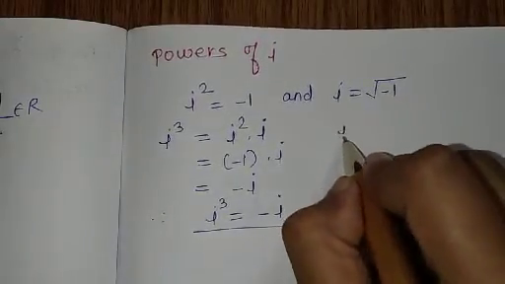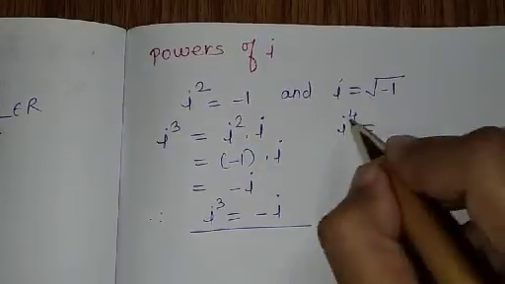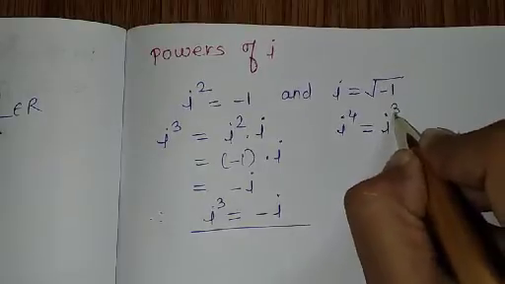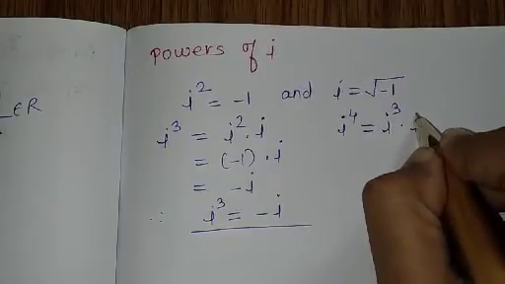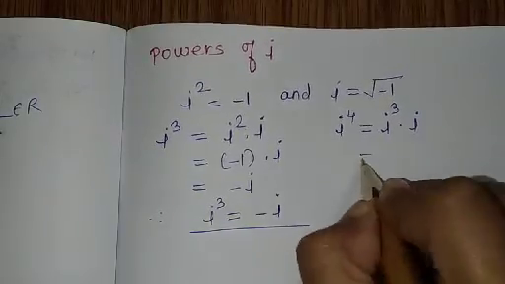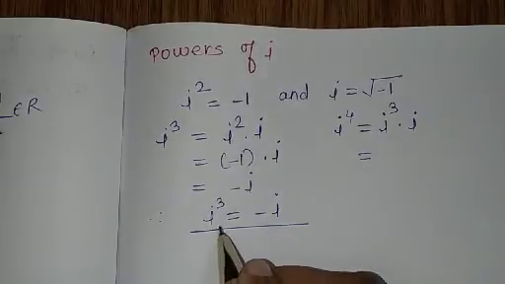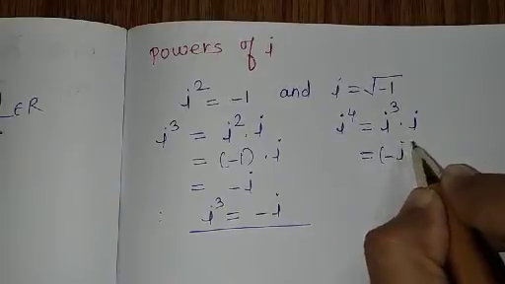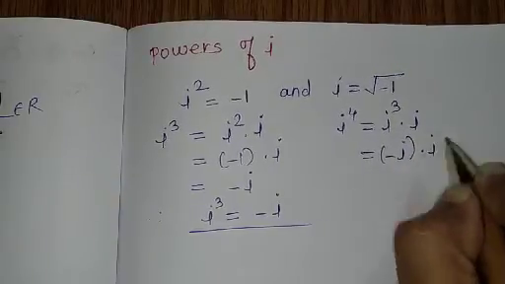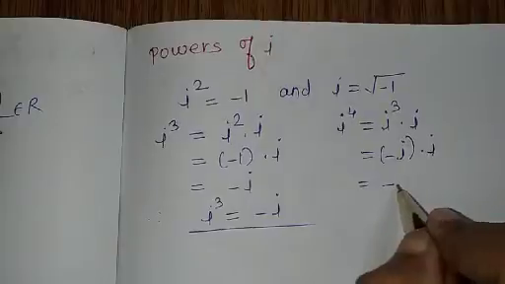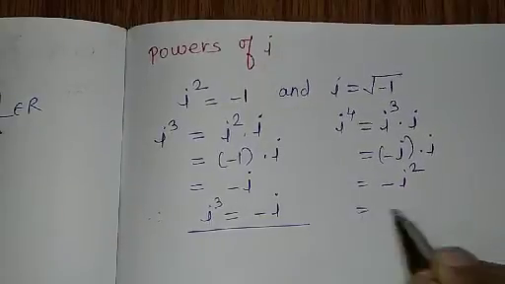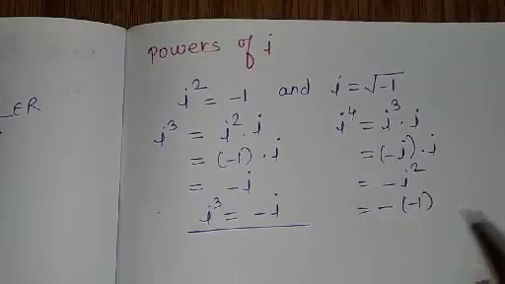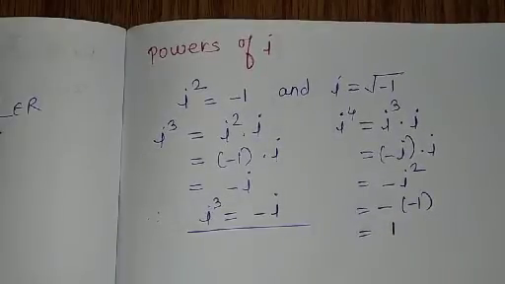Now for iota raised to 4, this can be written as iota cube into iota. From this we can say iota cube is equal to minus iota. Therefore minus iota into iota, which is equal to minus iota square, and this is nothing but minus of minus 1, which is equal to 1.